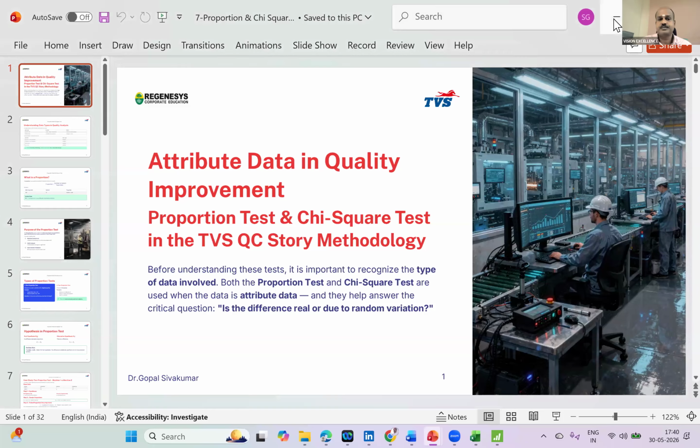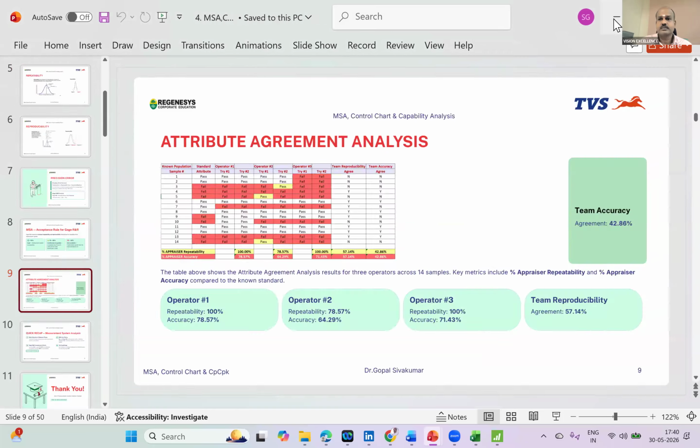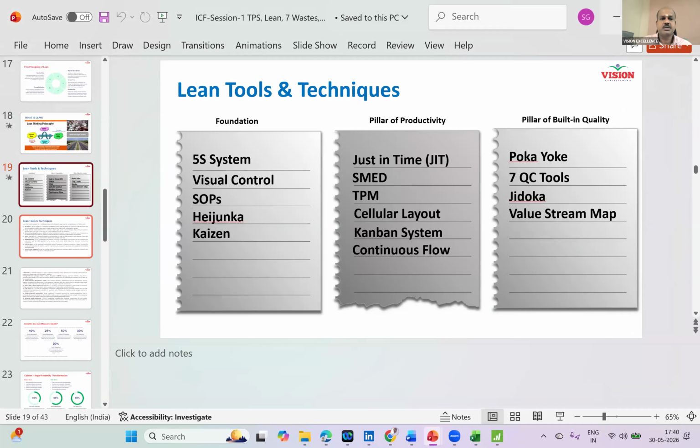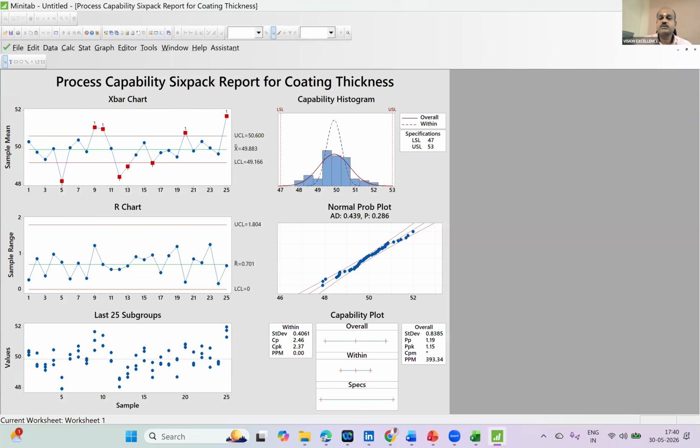For that, I will equip all of you with conducting the proportion test and chi-square test using Minitab. So what I do, I'll open the Minitab. Minitab is already open.